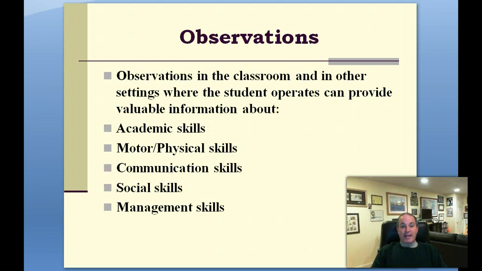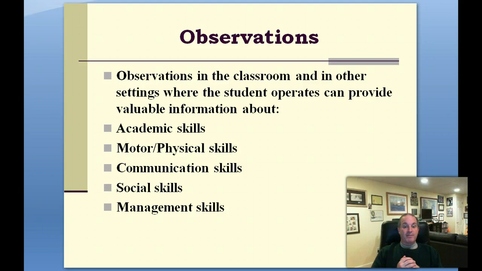Observing the student in the classroom and in other settings where the student operates can provide a lot of valuable information. When we observe students in the classroom and outside of the classroom, we can get a lot of information about this particular student. And for our purposes, what can we find out? Well, we can find out about the academic skills of the student. We can find out about the motor skills and the physical skills of the student.